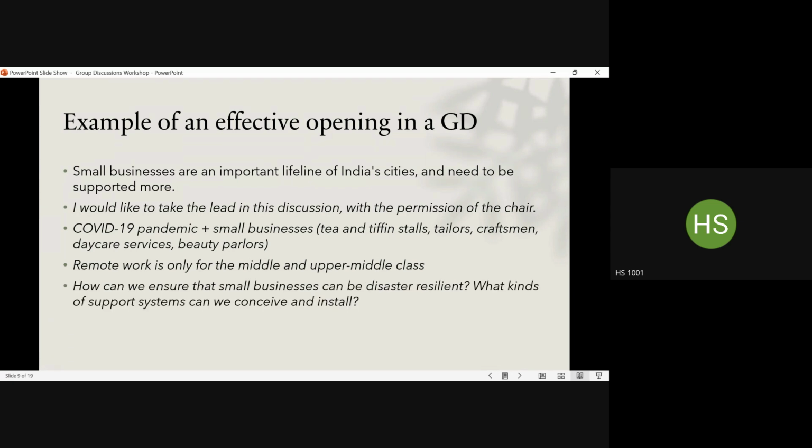If that is the case, then how can we ensure that small businesses can be resilient or resistant to disasters? What kinds of support systems can we conceive and install? I look forward to hearing everyone's views on this. So, the leader has stated the topic, contextualized it, given us further direction to think about the topic.